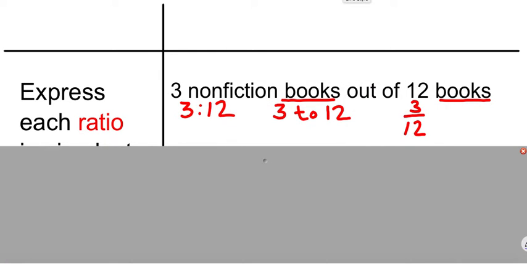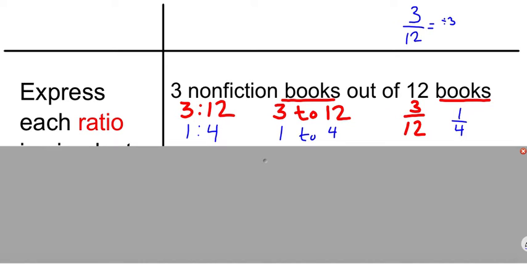But I also need to write it in simplest form as the directions said, and that would be 1 over 4, 1 to 4, and 1/4. In case you're unsure on how I got that, if I was to just take the fraction form of 3 over 12, well, I know that 3 goes into 3 one time.